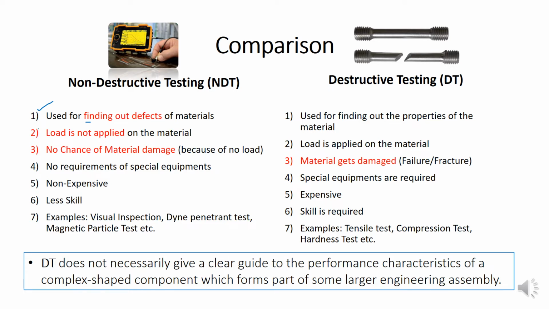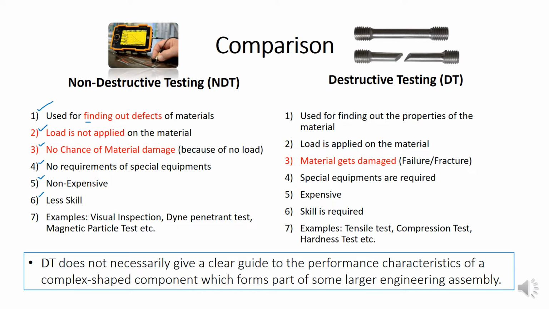In this test, load is not applied on the material, although in some cases it is applied, like in acoustic emission testing, but generally we consider that there is no load application in most of the NDT techniques. There is no chance of material damage. We do not require any very specific and special instruments. So NDT is a non-expensive technique.